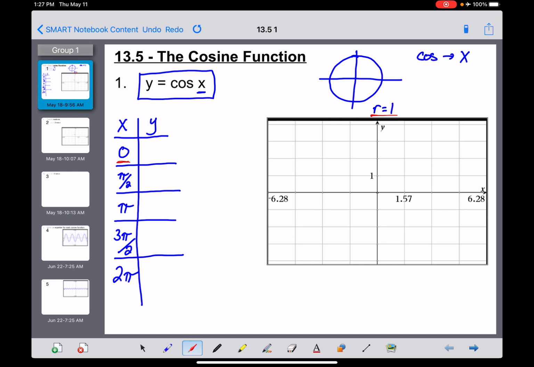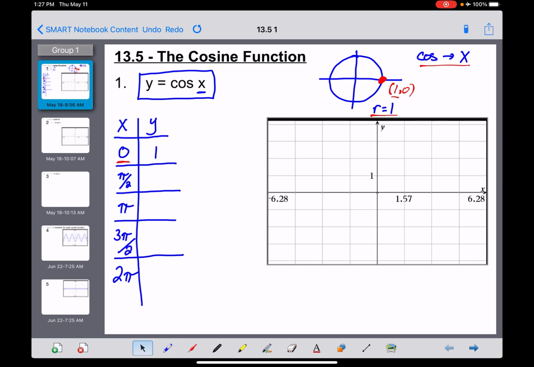So the first angle we're looking at is 0 radians, which gets us to this point right here. What I'm hoping we're pretty comfortable with by now is that this ordered pair I've just put in red is the ordered pair (1, 0), and cosine is your x-coordinate. So since our x-coordinate there is 1, the cosine of 0 radians is equal to 1.